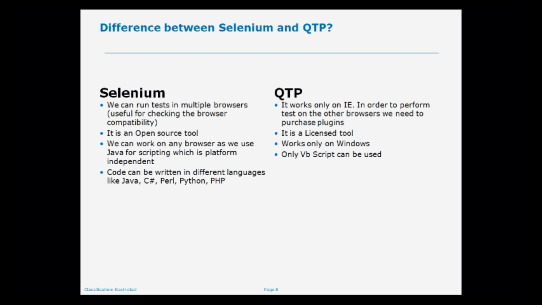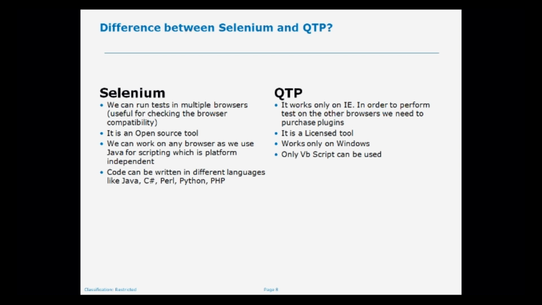When we talk about Selenium, we can perform testing on multiple operating systems. It is not restricted only to Windows. Even if it is a Mac, you can perform automation testing using Selenium.